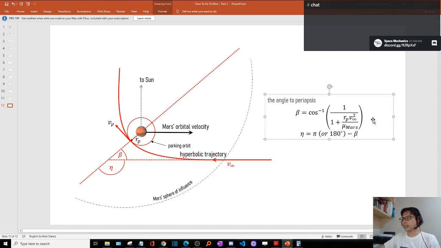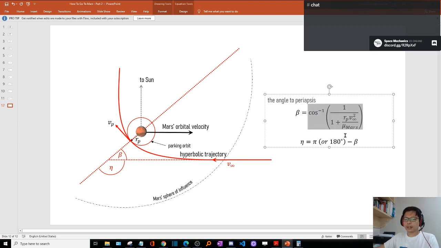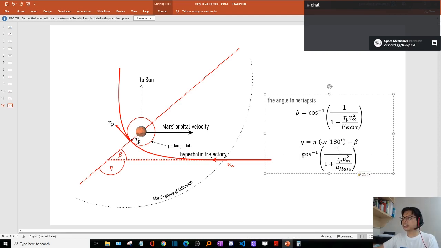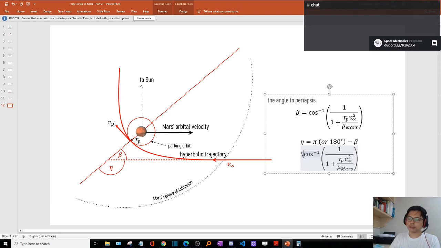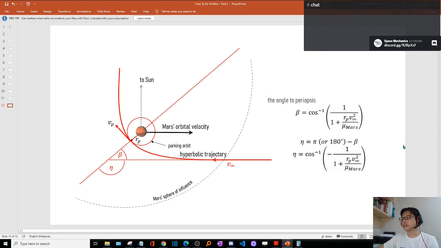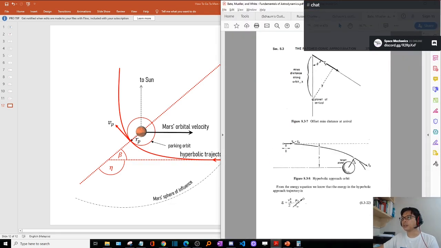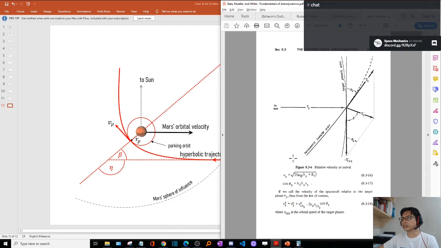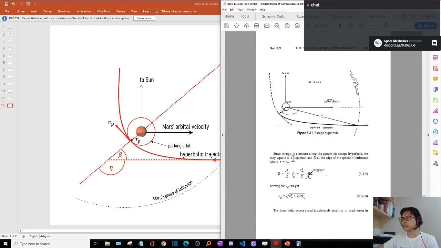If my trigonometric identities are correct, if I can still remember it, eta can also be this whole thing minus, same thing. Let me check that. Let me check Bate, Mueller, and White. Does it discuss eta? Yeah, it does. Actually, I got it from there.